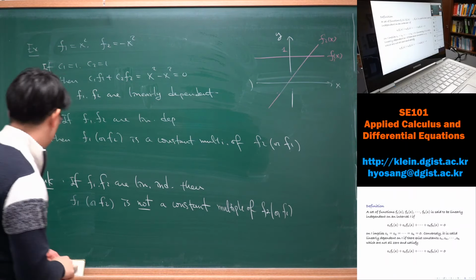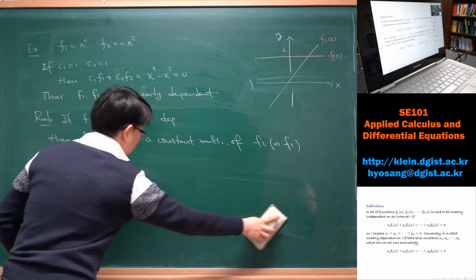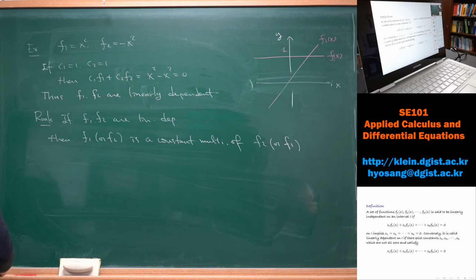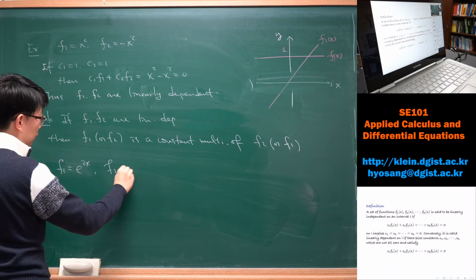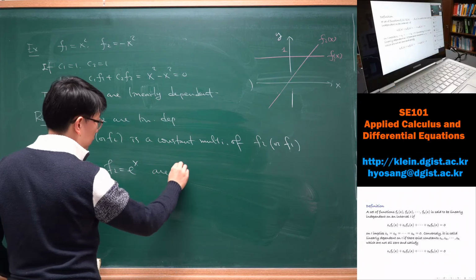Another example of linearly independent functions is the exponential function with different exponent coefficients. For example, if you have f1 equals e to the 2x and f2 equals e to the x, these are linearly independent.